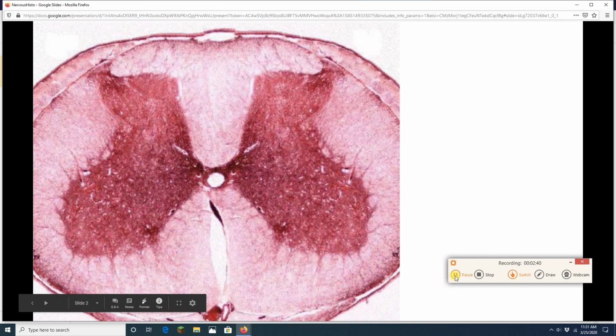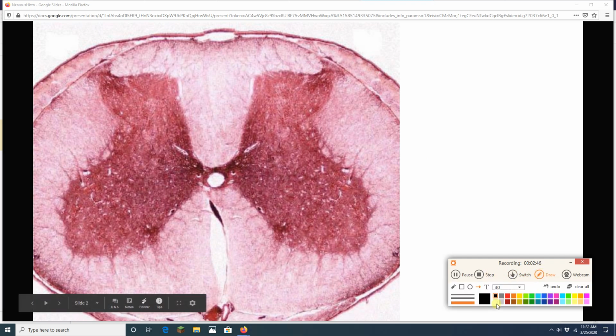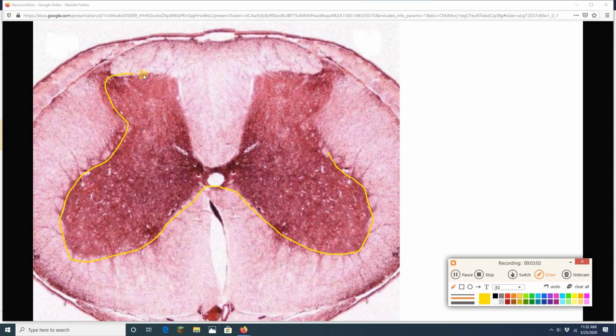So let's do that. What we got here is a cross-sectional view of the spinal cord. And in this spinal cord, we can certainly see the outline of our gray matter. Like that butterfly or that H I tried to draw on the previous page, this is our gray matter.